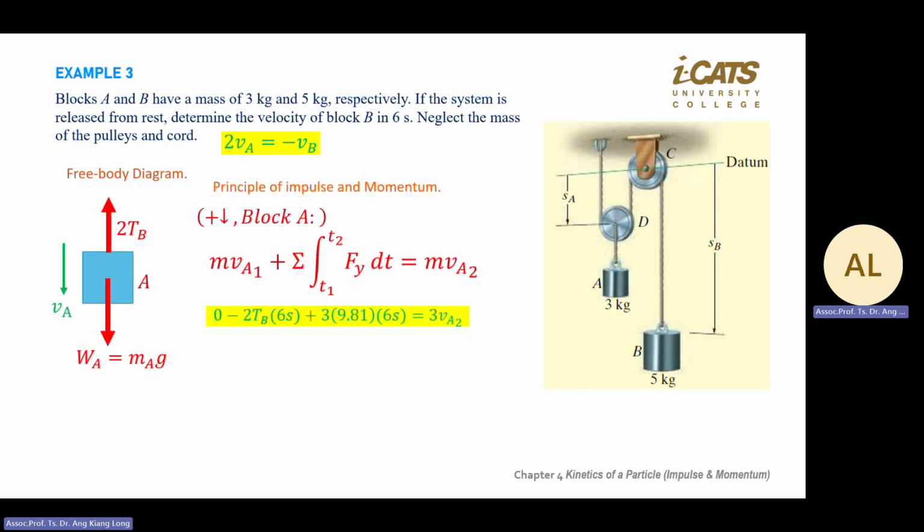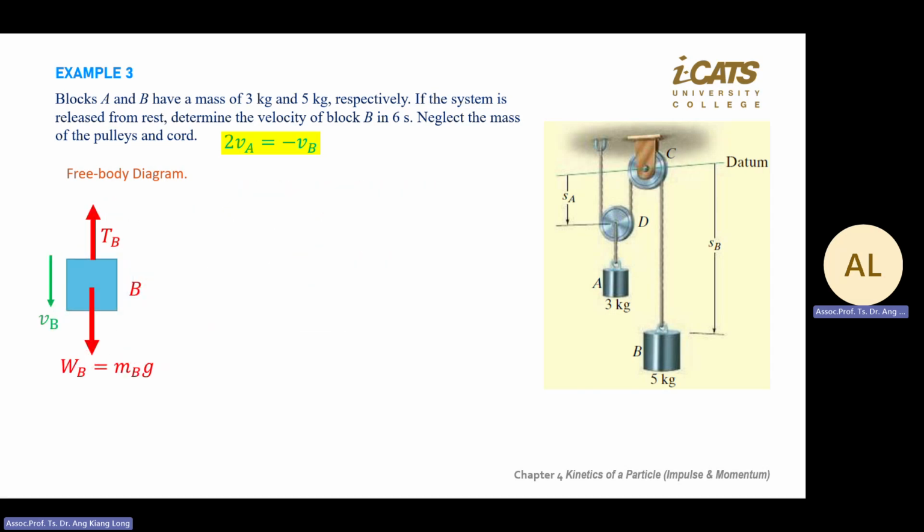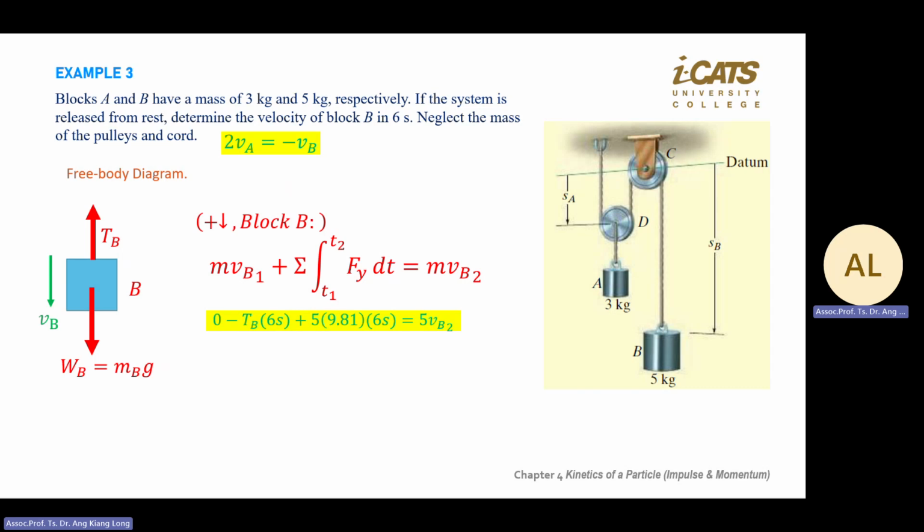You do the same for B. Same, mv plus Ft equal to mv. mv1 is also 0 because it is the same, released from rest. And in this case also, just be careful on the tension.